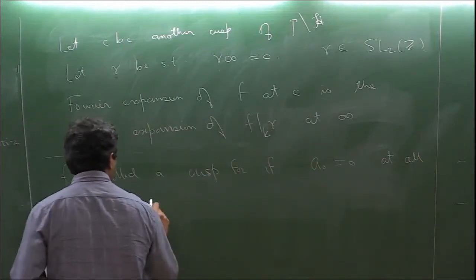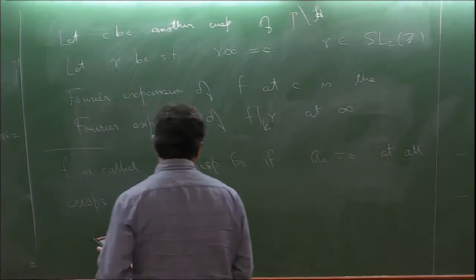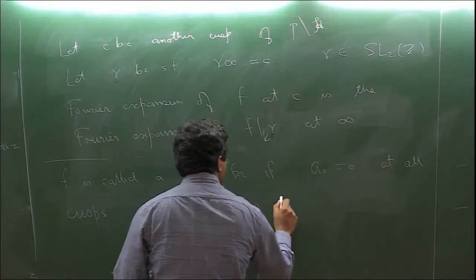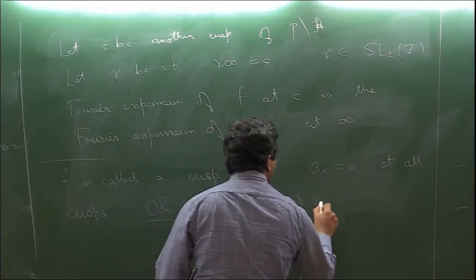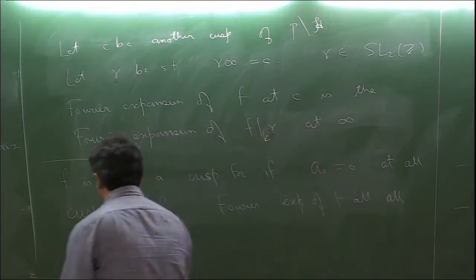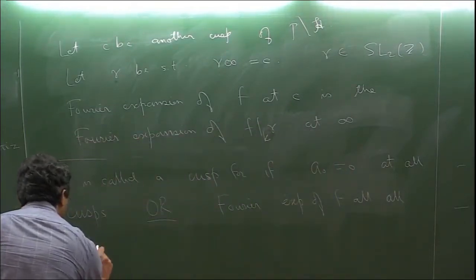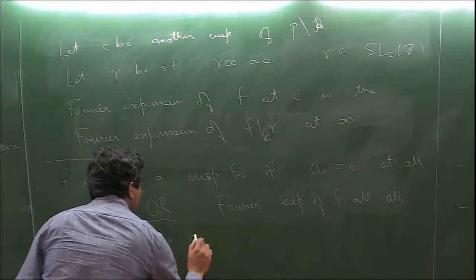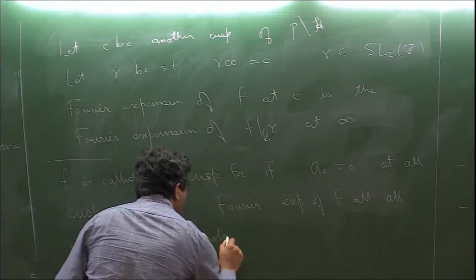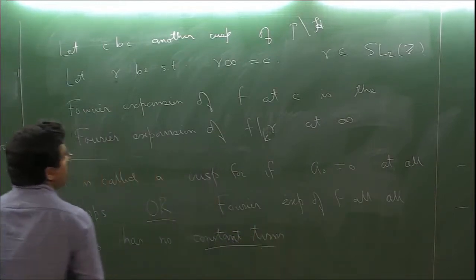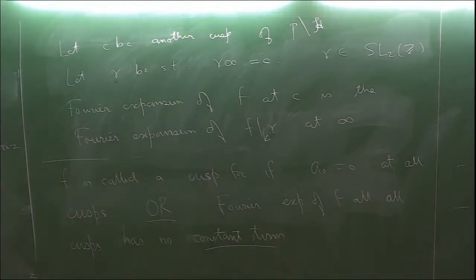So another way of saying this is the Fourier expansion of F at all cusps has no constant term. Okay, so these are cusp forms.